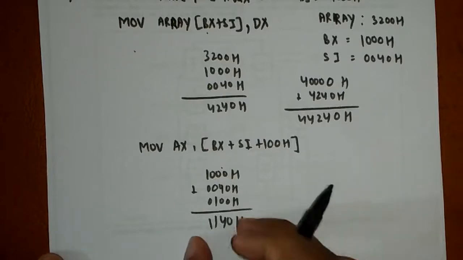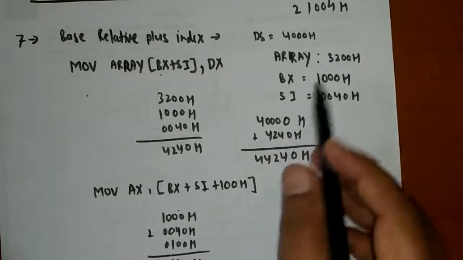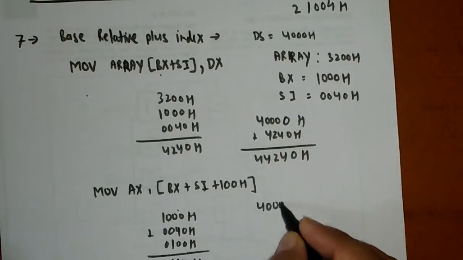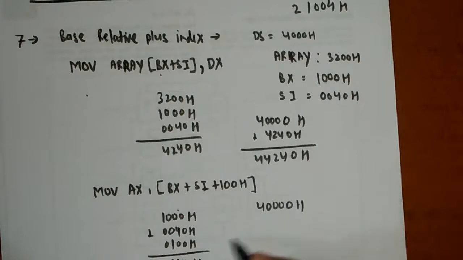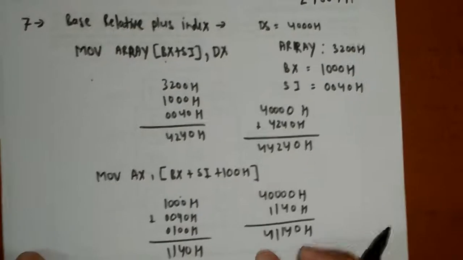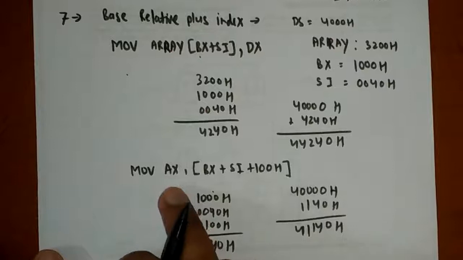Now we use this value with the data segment value, and if the data segment is again 4000, we take 4000, add a 0 at the end, then add all these values. So we will get 41140h. This will be a 20-bit address, and from that 20-bit address data will be copied to AX.